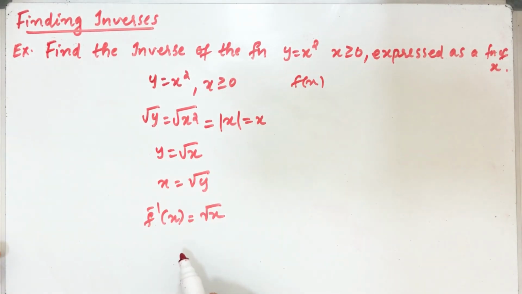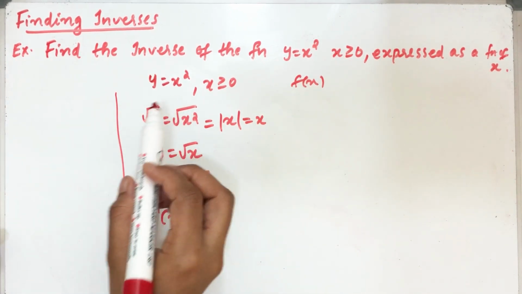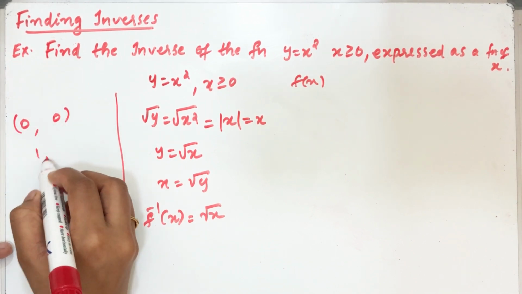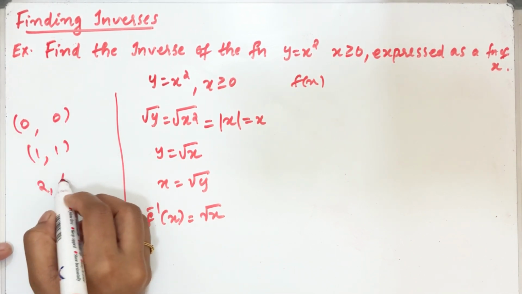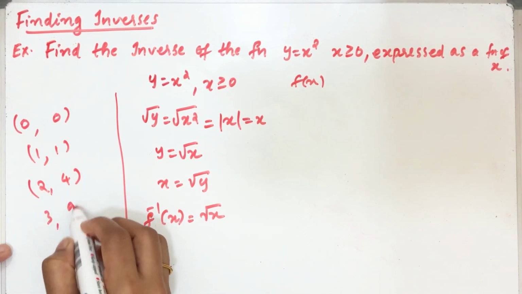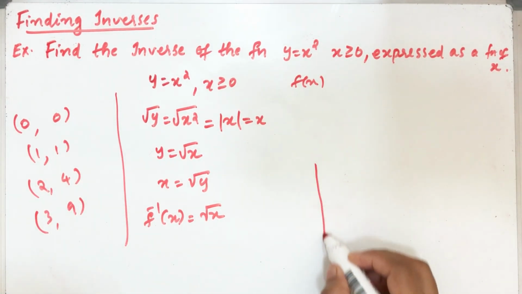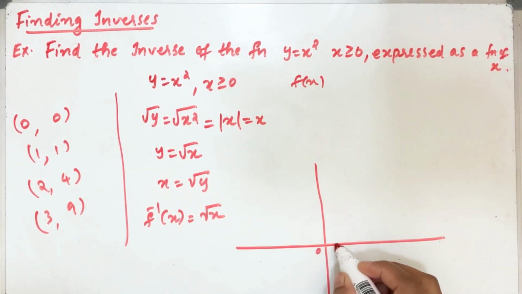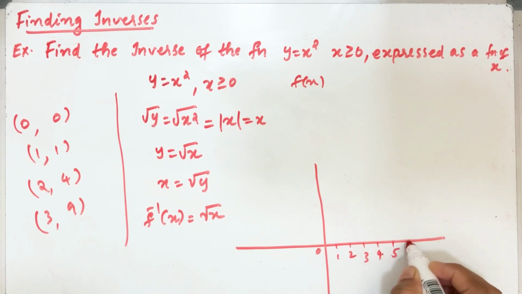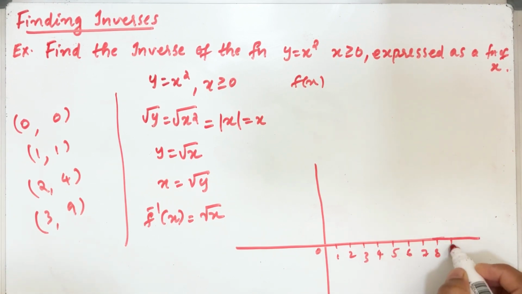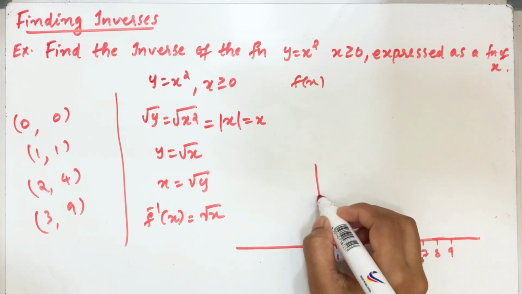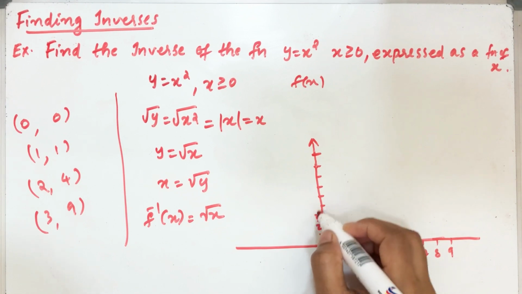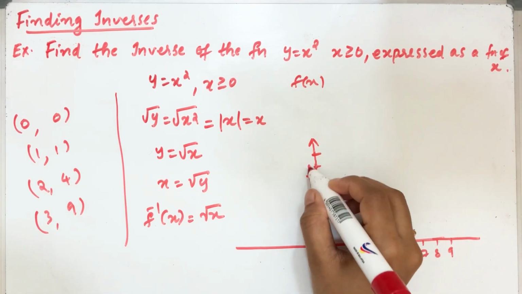We can try to draw this graph. The points are, y equal to x square. When x is equal to 0, y equal to 0. When x is equal to 1, y equal to 1. When x is equal to 2, y equal to 4. 3, y equal to 9. So the graph is 0, 1, 2, 3, 4, 5, 6, 7, 8, 9.